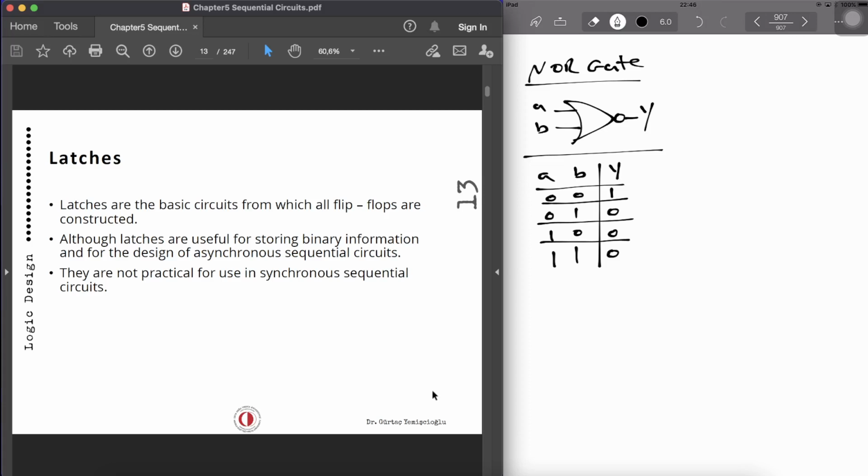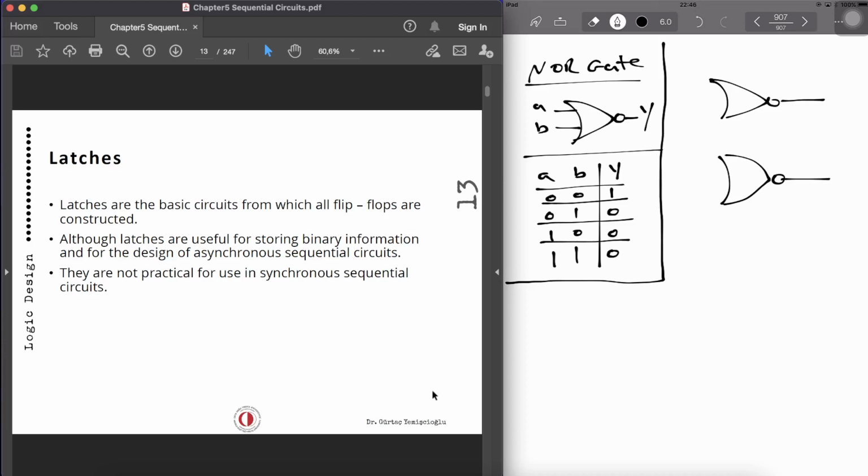Now, in order to implement a latch, we are going to use that NOR gate as the basic building block, where we will have two NOR gates. One of them gives output Q, the other gives Q prime.